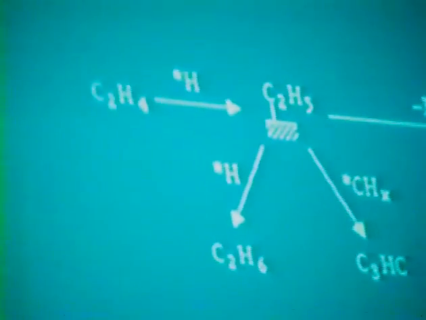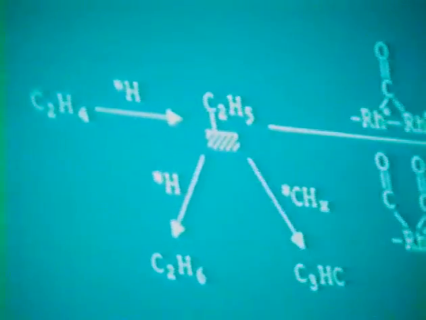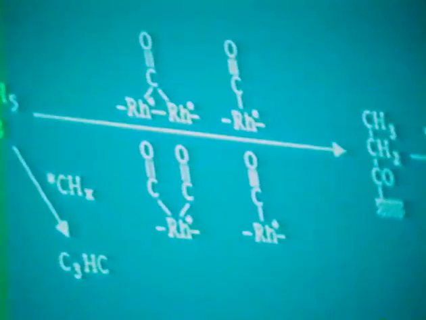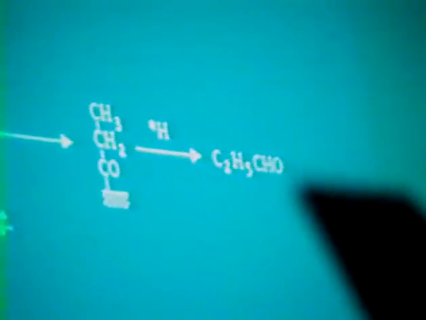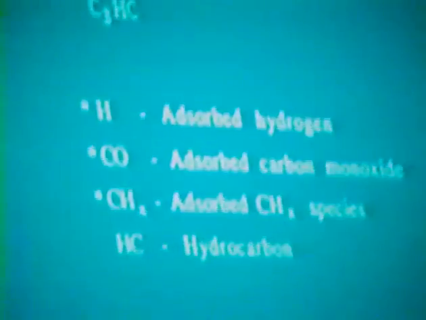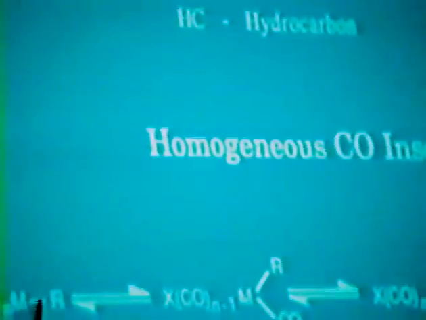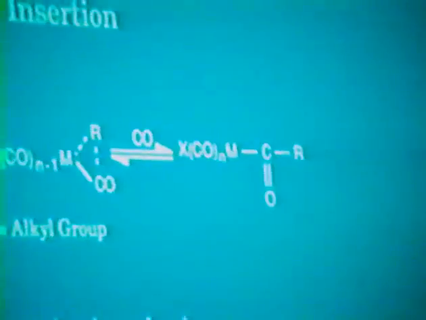So let's take a look at how this CO insertion takes place. As pointed out by Professor Ishikawa, the insertion indeed takes place through a migratory CO insertion. The alkyl group migrates from the metal to the carbon end of the CO, forming the acyl species.